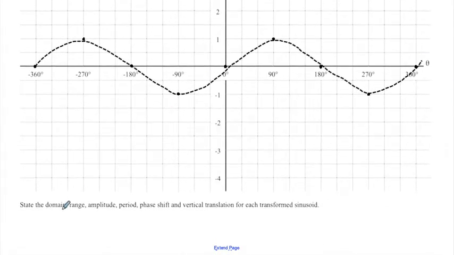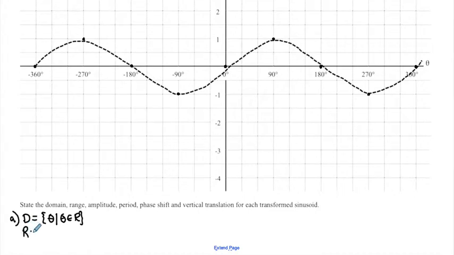For part A, just the regular sine graph, we know that the domain is always going to be the same regardless of what sine or cosine graph you're drawing. We use theta to represent the degrees instead of x. So the domain is the set of theta such that theta is an element of the real numbers. I know I drew a dotted line, but it's going to include every single point on that grid.